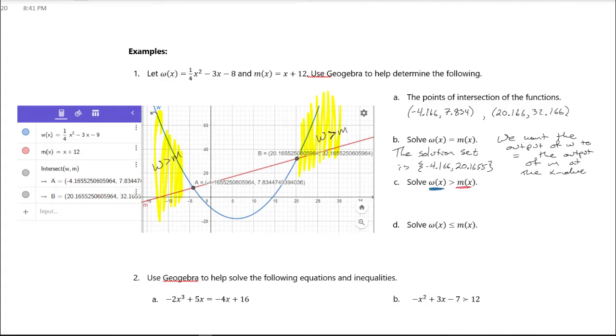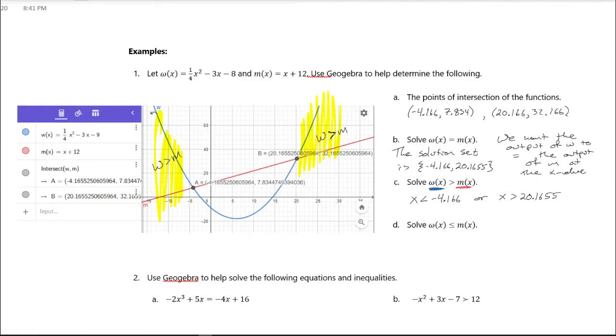So if x is less than negative 4.166 or x is greater than 20.1655, then we have the blue line above the red line. We have w of x greater than m of x.